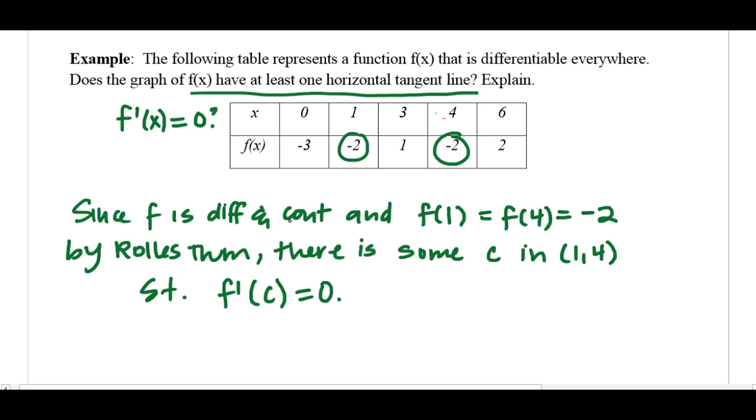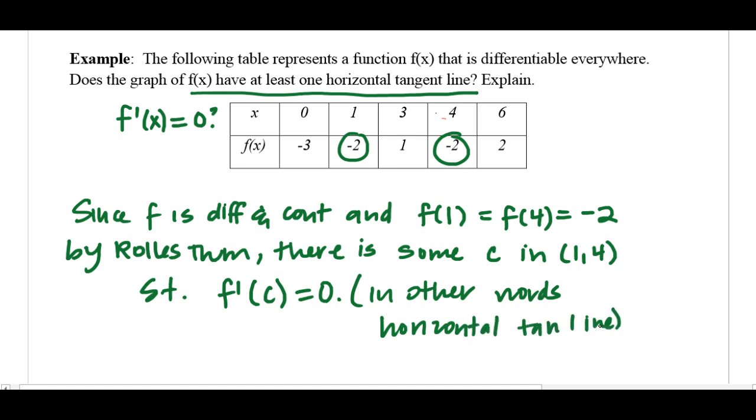So since f is differentiable and continuous, and because the two y values of the endpoints are the same value, Rolle's theorem guarantees that there's some c value between 1 and 4 such that f prime of c equals 0. Or in other words, there's a horizontal tangent line. We have a horizontal tan line.